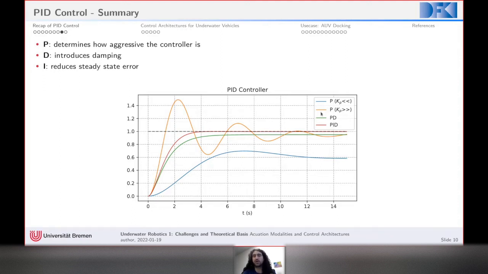If my P is very high, this means I'm giving more natural frequency to the system, and I will start to oscillate at some point. If I increase a little bit but introduce damping to my system, I will get rid of these oscillations, but at some point, because of disturbances, I would get a steady state error. And if I add an integral action, I will get rid of this steady state error and achieve this nice and smooth red curve here.